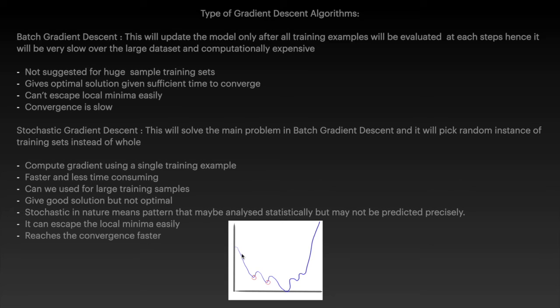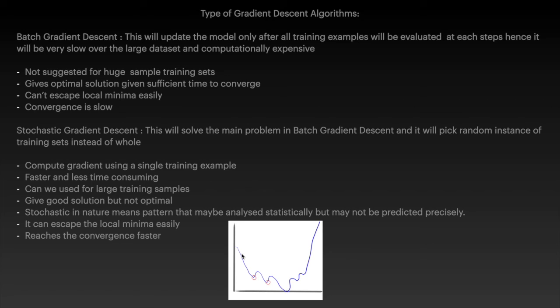Batch gradient descent is basically very slow over a large data set, and computationally it is expensive. So it is not suggested for huge training sets, but it will definitely give you the optimal solution.